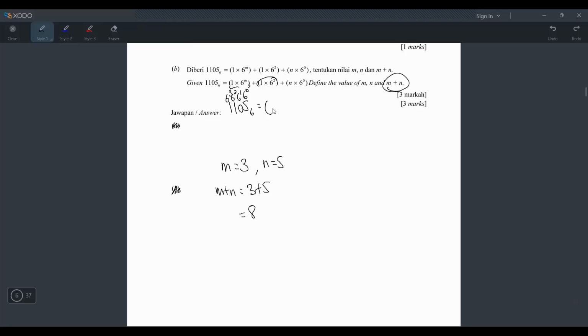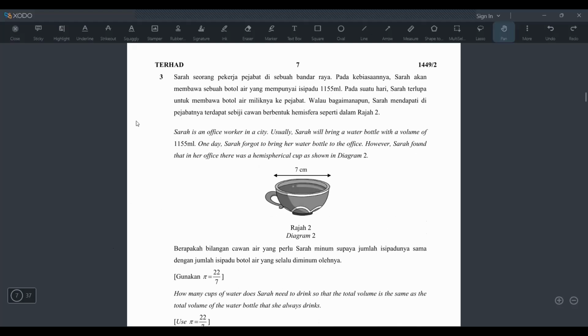So it will be 1 times 6 power 3 plus 1 times 6 power 2 plus, this one 0, no need to write, and 5 times 6 power 0. And from here, you can compare this with this, and that's how I know m is 3, n is 5. And then I continue with this working. Then you get full marks already, right? So very simple.